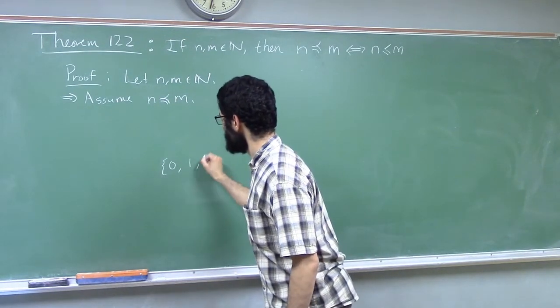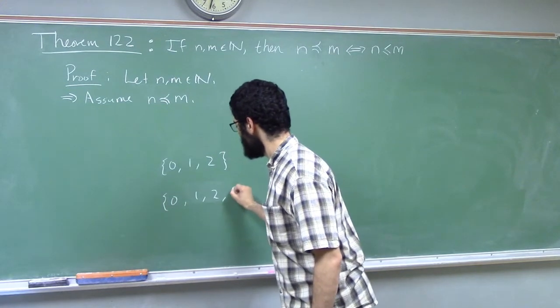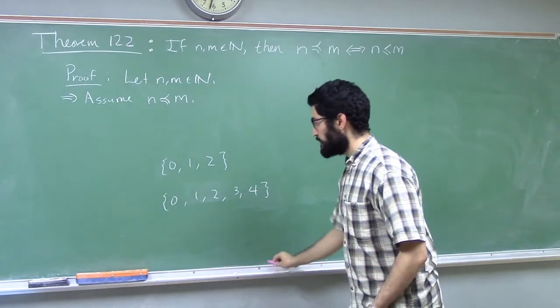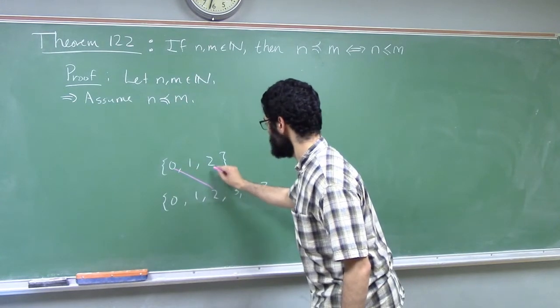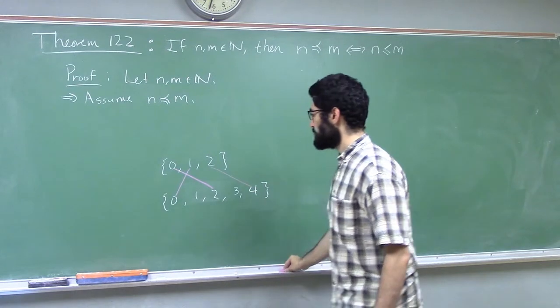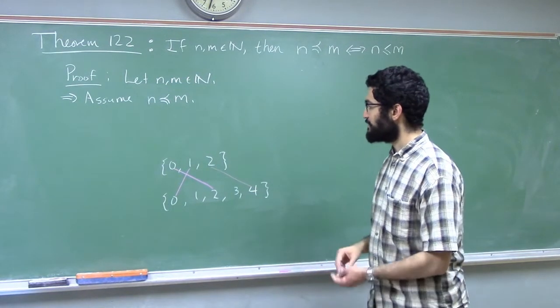So here's 3, and here's 5. And here's an injection from 3 to 5. You can send 0 to 2, 2 to 4, and 1 to 0. That's one of the many injections that you can have from 3 to 5.